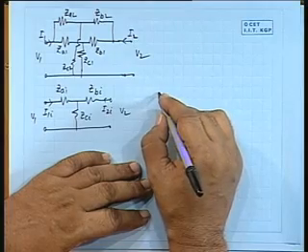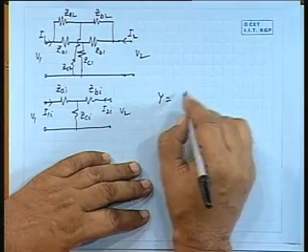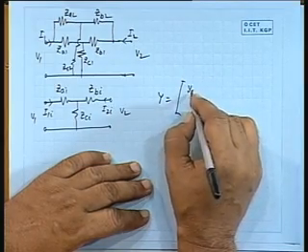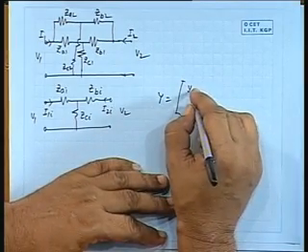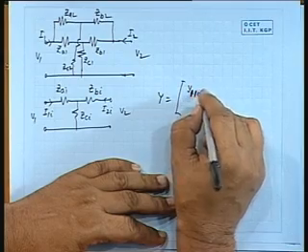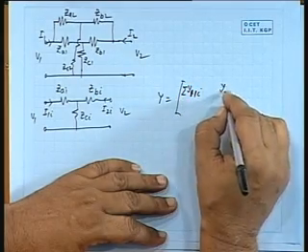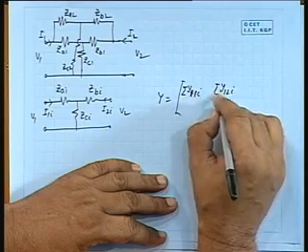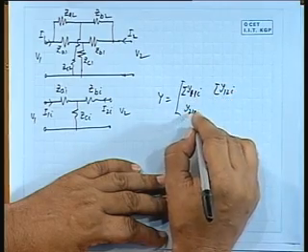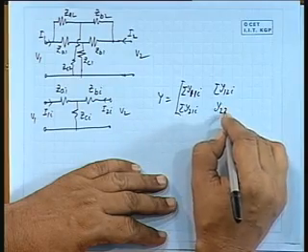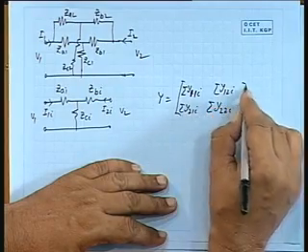So the Y matrix will be Y11i summation over i, Y12i summation, Y21i summation, these are identical, Y22i summation.